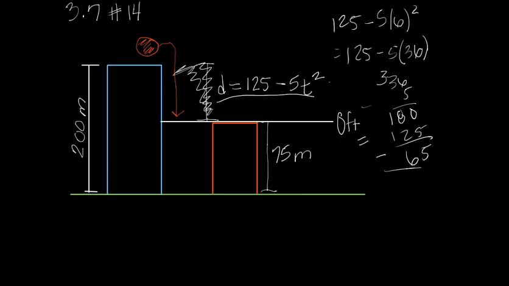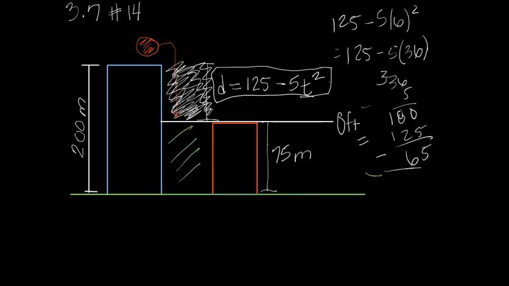So only above this line right here, anywhere in here, you're going to get a positive answer for this equation. But down in this section, it's going to be negative values like the one you get for letter C, because you've gone past the top of the neighboring building, which was all that this equation was designed to describe.